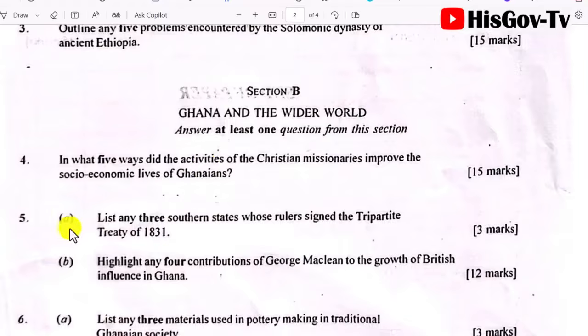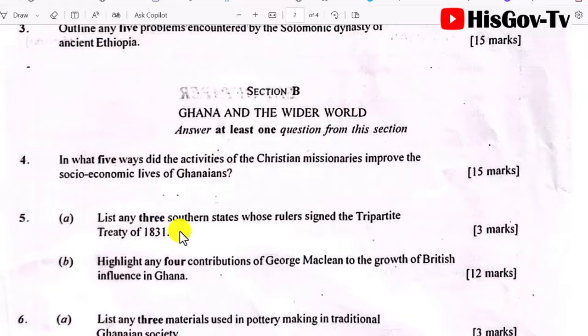5A says, list any 3 southern states whose rulers signed the Tripartite Treaty of 1831. You recall that in 1831, when George Maclean took over, there was a signing of a treaty in his bid to bring about peace between the colony, the Gold Coast, and the Asante.